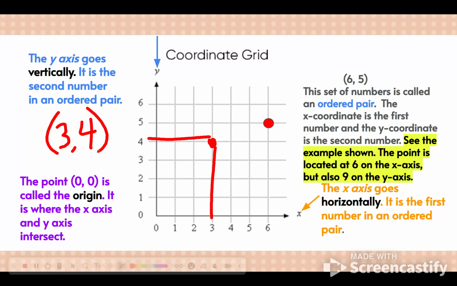Let's do one more. Remember, in an ordered pair, the x coordinate goes first. Where is it on the x? It is on 5. Where is that point on the y? It is on 2. So that means the ordered pair for that is 5, 2. Yes?